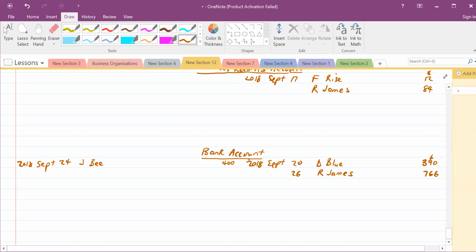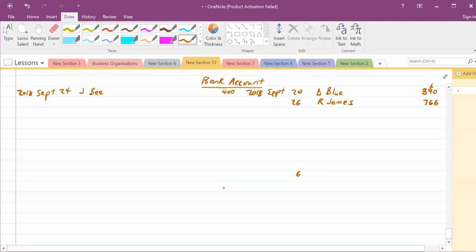Then we have on the 28th, JB paid us by cash 80. We don't have the cash account, so we open that and we say cash account, and we are not given any balance BDs on this one, but cash is an asset increasing, it is actually debited. If it was required, we would have done it this way. So this is the 28th, and we write JB, right?